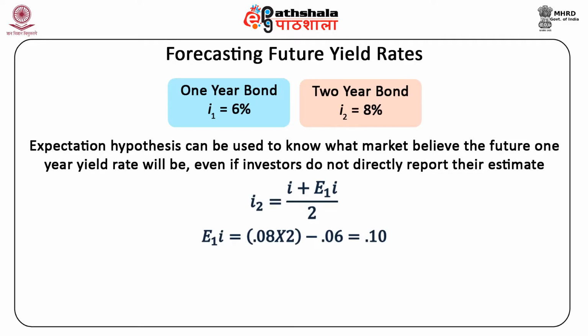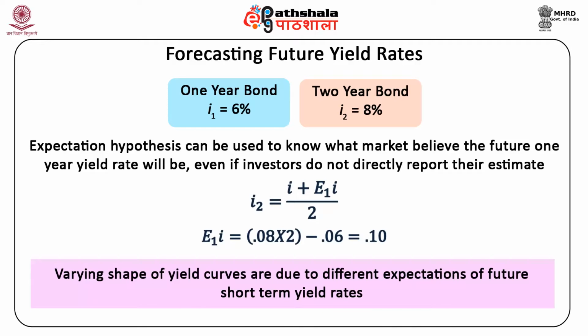Thus, based on the information currently available to you about yields on short-term and long-term bonds, you get to know that the market thinks that 1-year bond yields will rise to 10% next year. Hence, the varying shapes of yield curves are due to different expectations of future short-term yield rates.